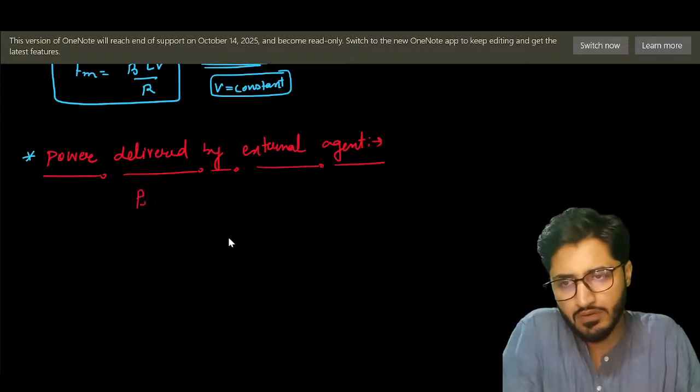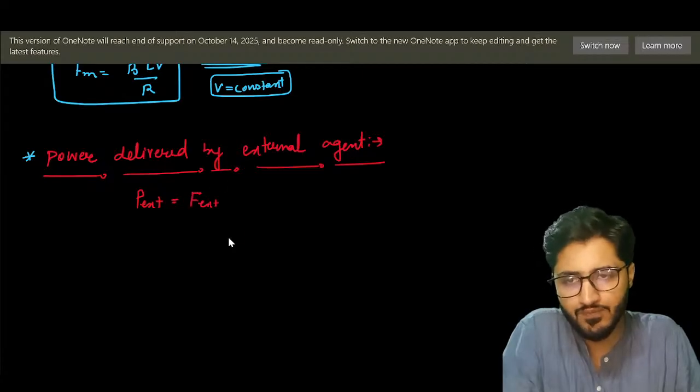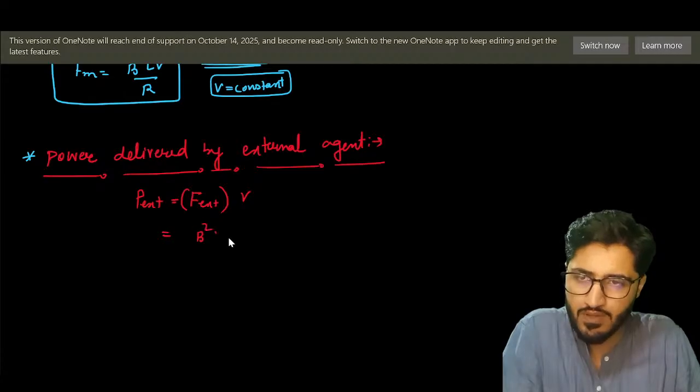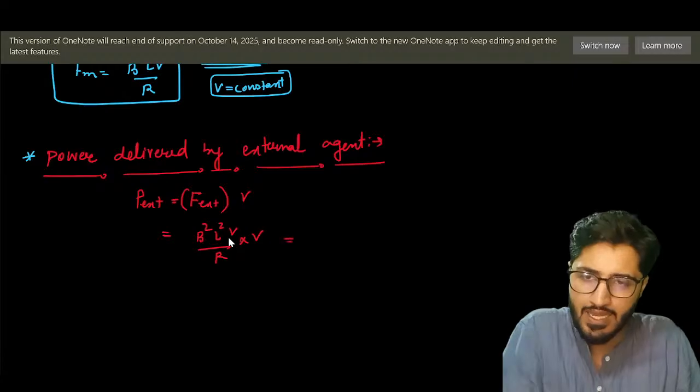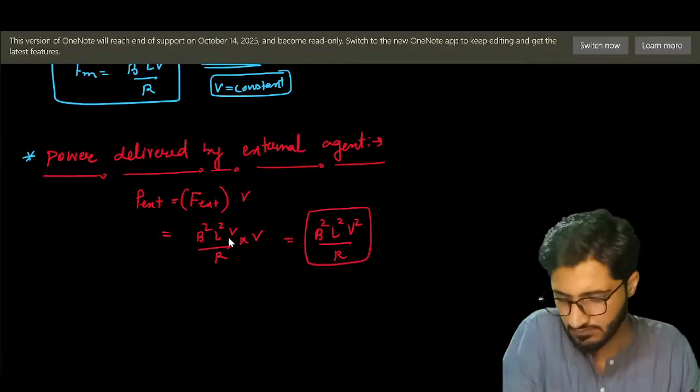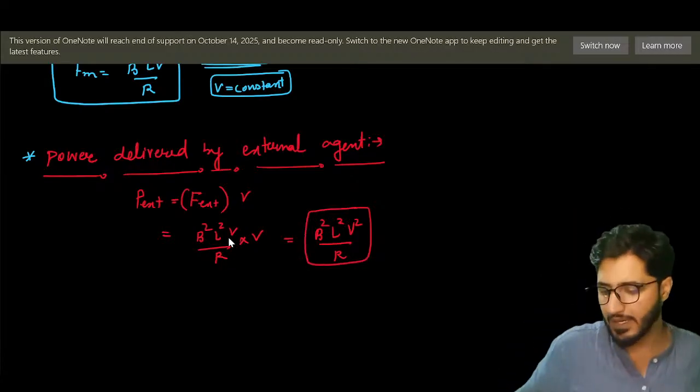So what is power? Is it force into velocity? What is force? Is it B square L square V by R into V? Can I write it equals B square L square V square by R? Yes. So we can apply it now.